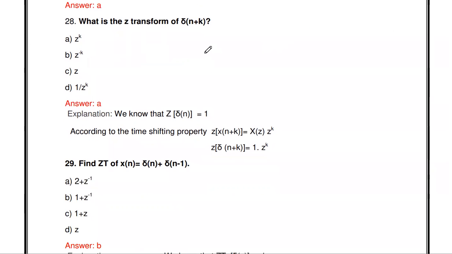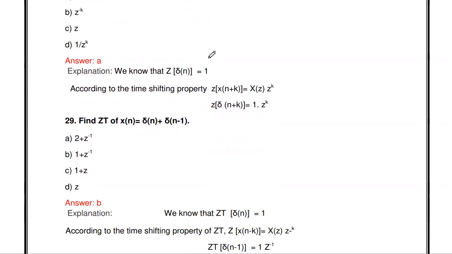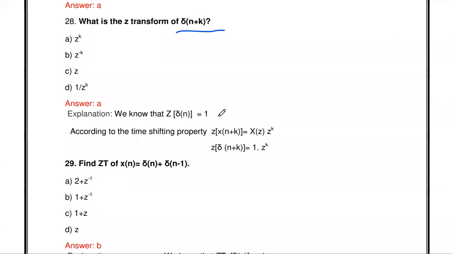Then what is the Z transform of del of n plus k? Already one problem, del of n plus 3, we solved. So in the place of 3, there is a constant k. Using the time shifting property, we are going to solve. Already you know the Z transform of del of n is 1.